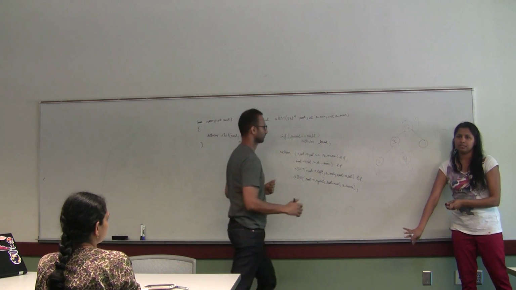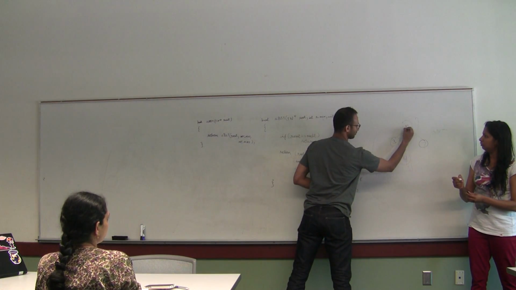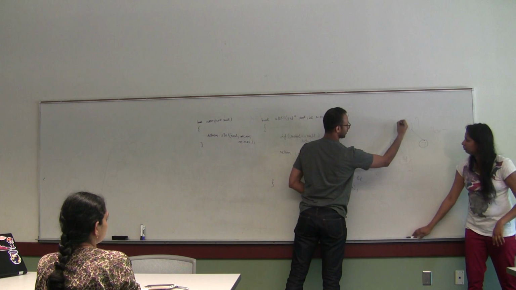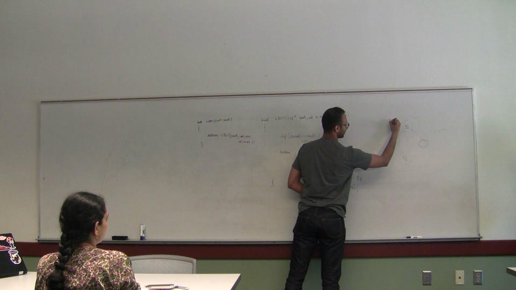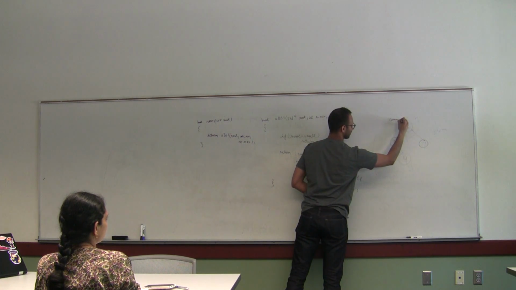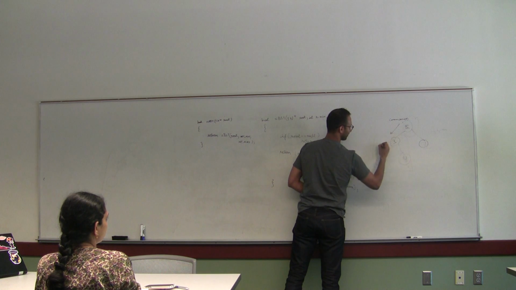Does that make sense? To start off, the allowed range here is int min and int max. When you traverse down here, the allowable range, the maximum is defined by 5, so it will be int min and 5.